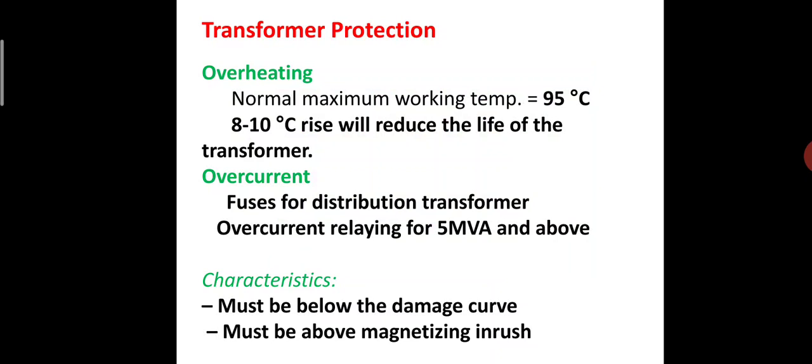An 8 to 10 degrees Celsius rise will reduce the life of the transformer. Overcurrent: fuses for distribution transformer, overcurrent relaying for 5 MVA and above. Characteristics must be below the damage curve and must be above magnetizing inrush.